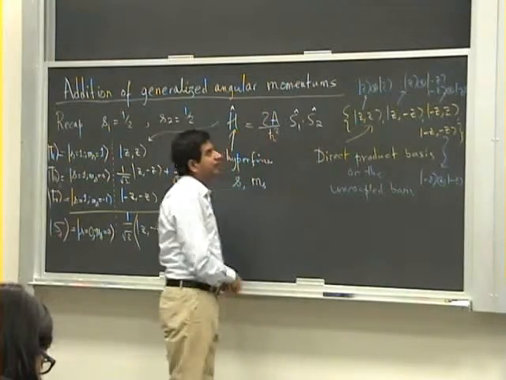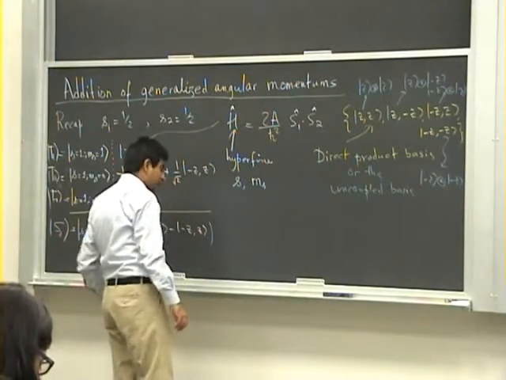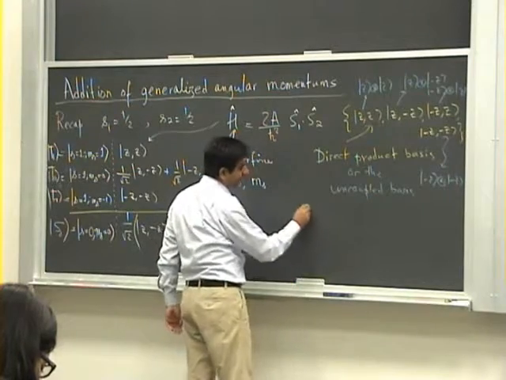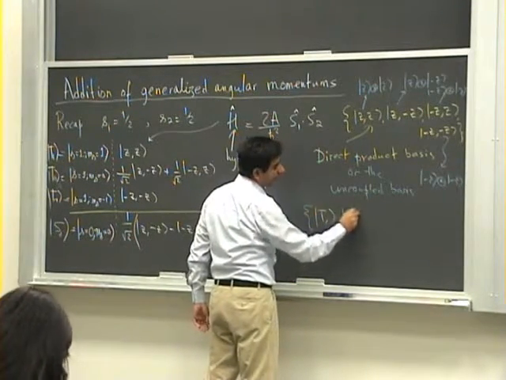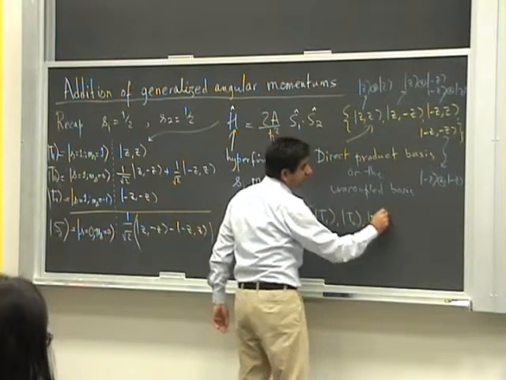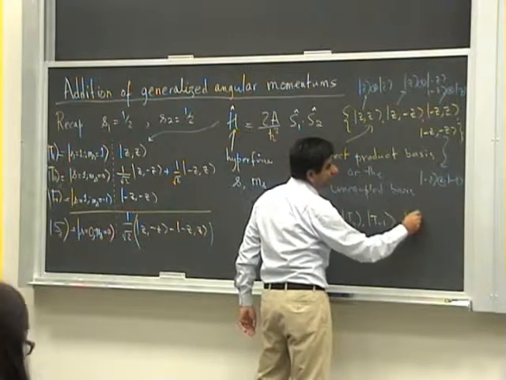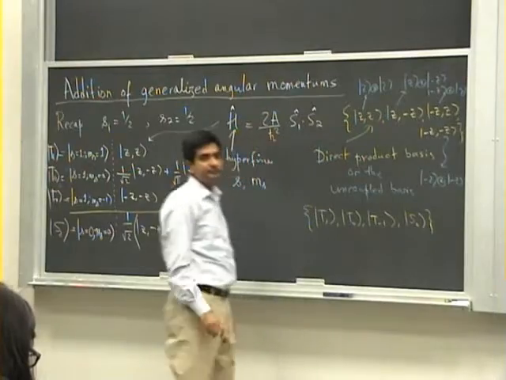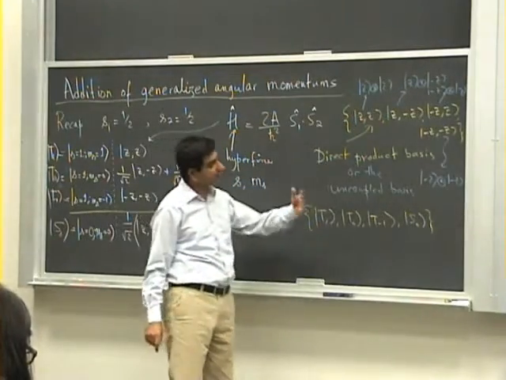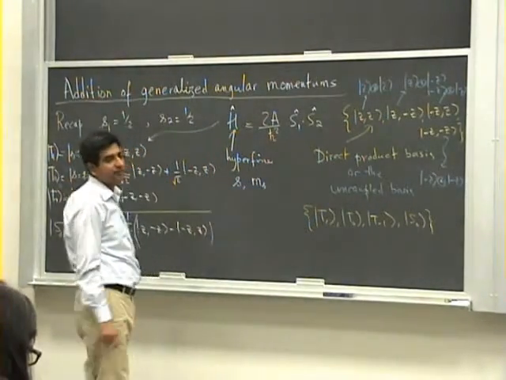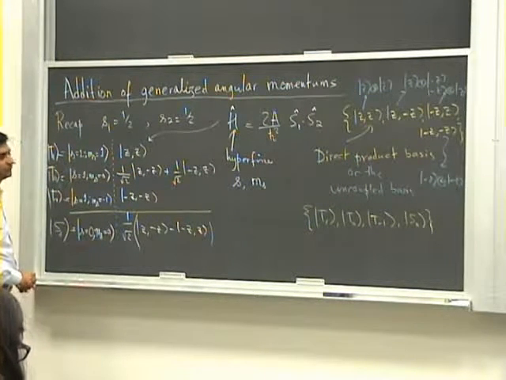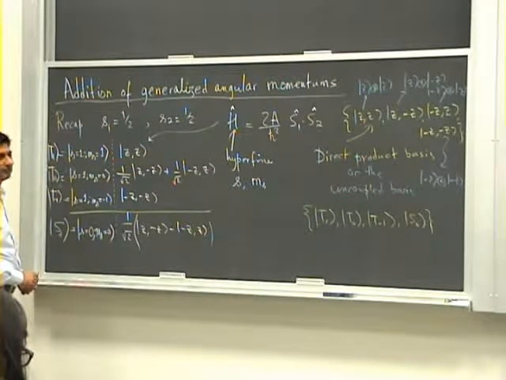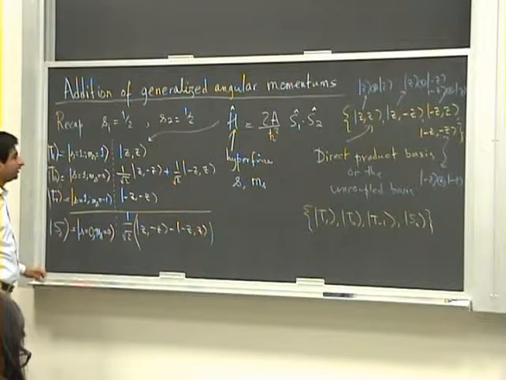Okay. Another possibility is to choose the set of states T1, T0, T minus 1, S0 as our basis. So this is an equally legitimate basis for the four-dimensional Hilbert space, isn't it? Alright.